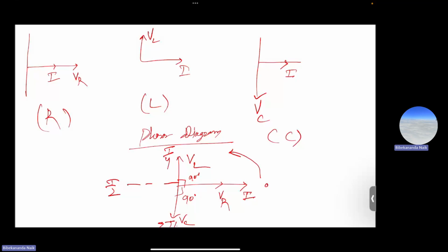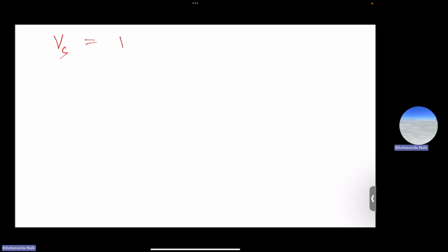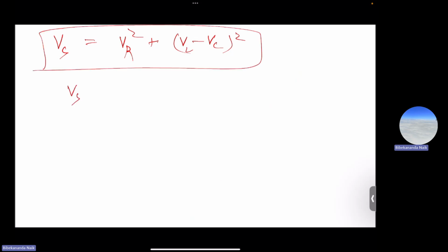So what will be the value of Vs? This will be the EMF Vs. So Vs is the square root of VR square plus (VL minus VC) square.